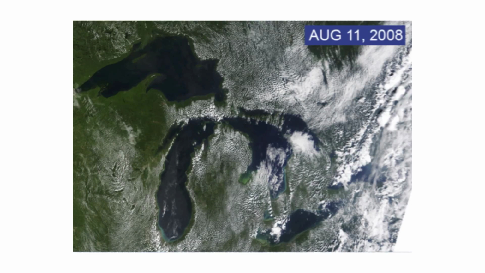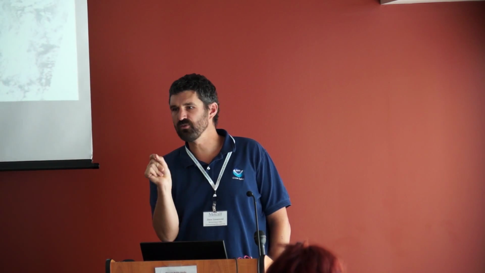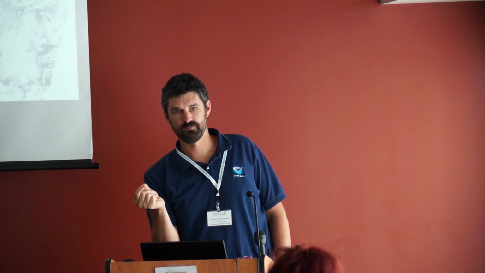Now that's a natural phenomenon where in the summertime we may have more condensation and less cloud cover over the lakes. But what we think has been happening is that there's been a positive feedback mechanism. We have evidence that there's less cloud cover over the lakes in the summertime over the past 15 years than we might otherwise expect, leading to a positive feedback mechanism where more solar radiation is getting to the lakes and keeping them warm.